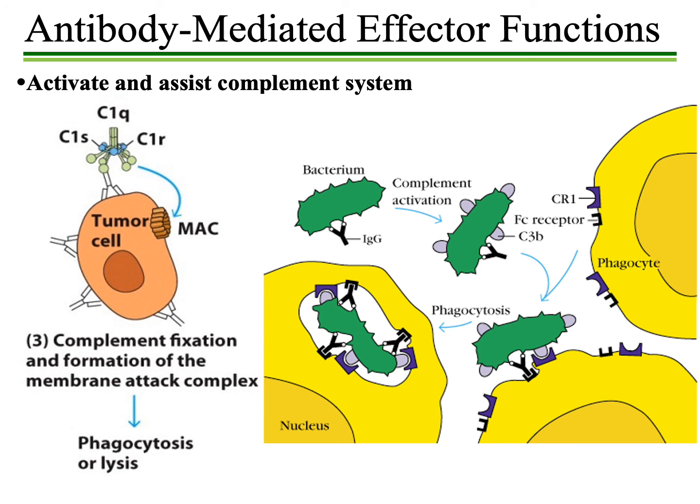On the right-hand side is another aspect of activating and assisting the complement system. You see an antibody interacting with the pathogen in question. This also triggers activation of the complement system, which ultimately results in the production of a molecule known as C3b, and C3b, in conjunction with the antibodies, helps target the pathogen for phagocytosis.